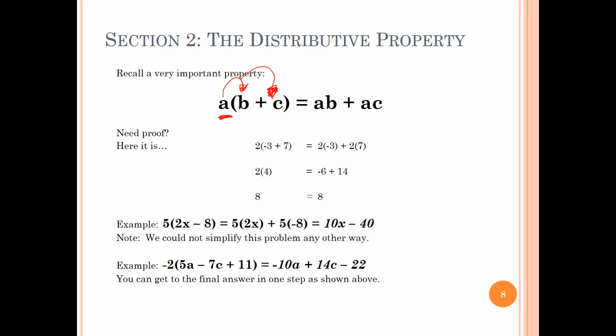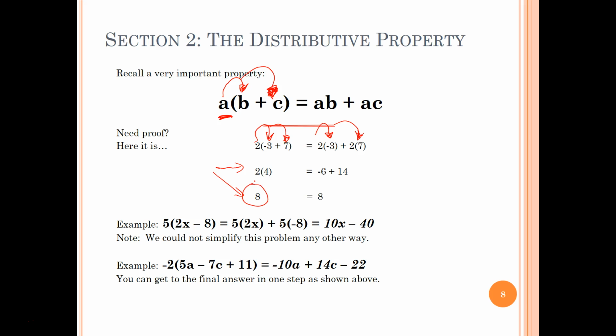So if we look at this example, notice 2 times -3 gives us -6. So that's the first piece. Then we have 2 times +7, which in this case is 14. Whether you use order of operations and do the work inside the parentheses first to give you 4 and then multiply by your outside factor, you end up with 8.